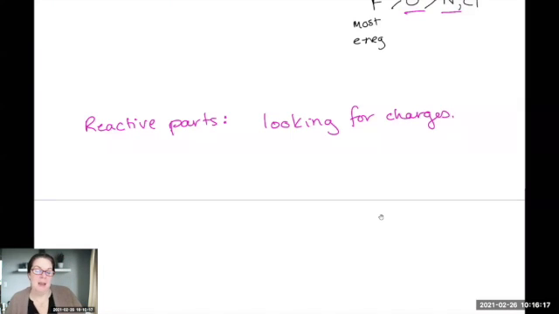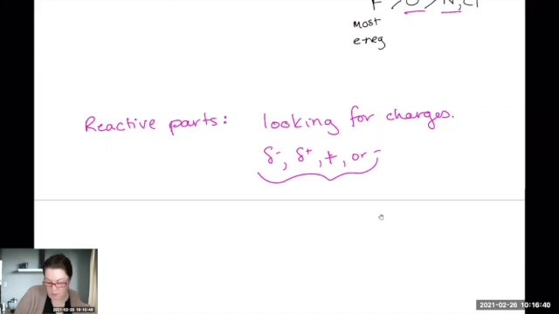Okay. And what you'll become more accustomed to seeing is those are going to be your functional groups too. So keep an eye out for those. All right. So that being said, we're looking for charges, whether they're partial or they're full charges. Anything along the spectrum.